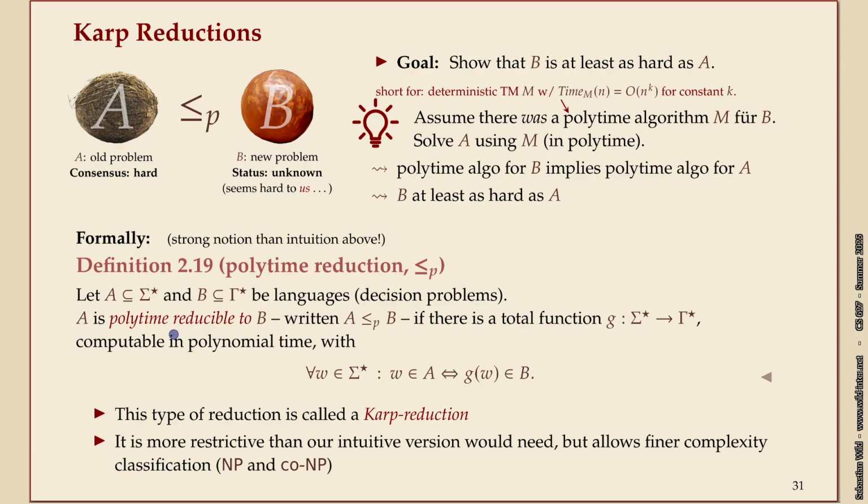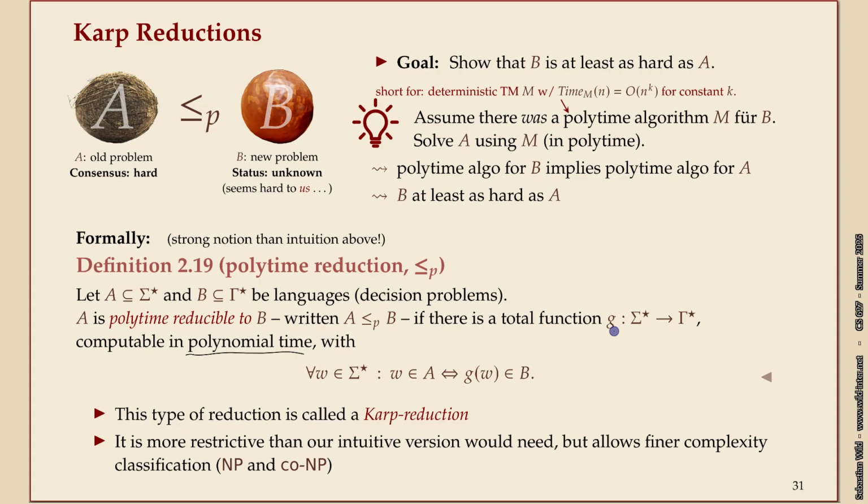And we say that A is polynomial time reducible to B. Bit of a mouthful, that's why the abbreviation is often used. This holds if there is a function that maps from the alphabet of the one language to the other, and it must be computable in polytime. So we have an algorithm that computes this function g.